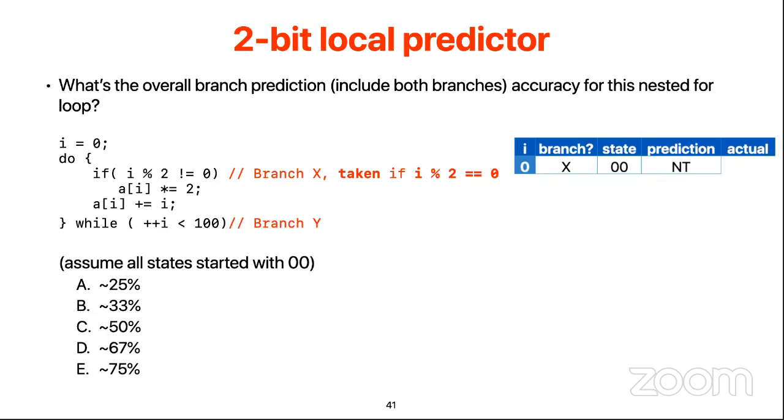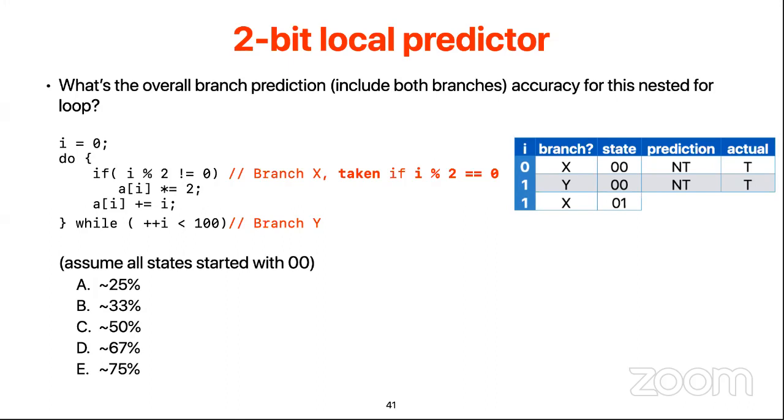The actual is taken, so it will move to 0, 1. But now the next is y, and is still 0, 0, right? Are we predict taken or not taken? Not taken. Okay, actual. Taken.